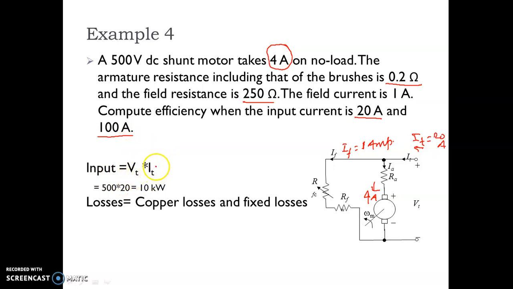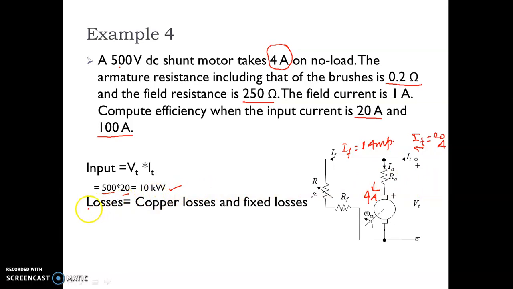It is just voltage multiplied by current. Voltage is 500 as given here. Current is 20 ampere. So it will be 10 kilowatt. This motor is taking 10 kilowatt power.